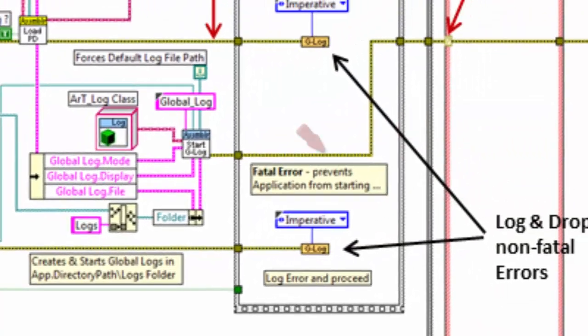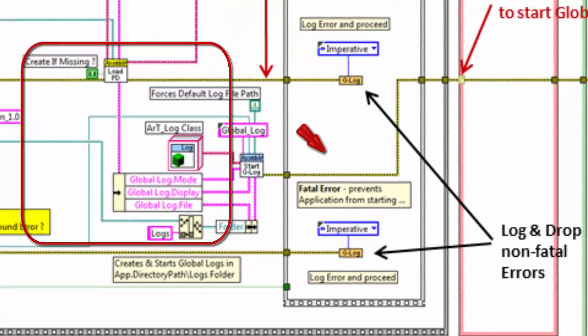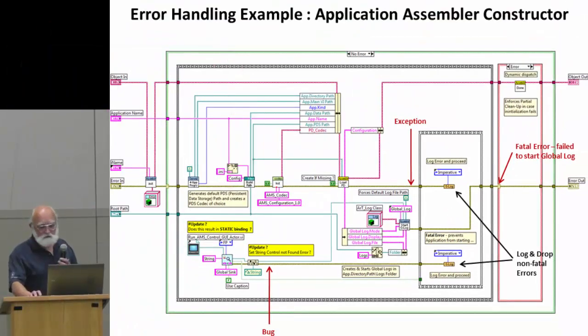The only fatal error is if I cannot start a global log, so I won't be able to return any valuable information. So I just pop up a window and say, sorry, cannot instantiate the application. So that's pretty much it. That's the difference.